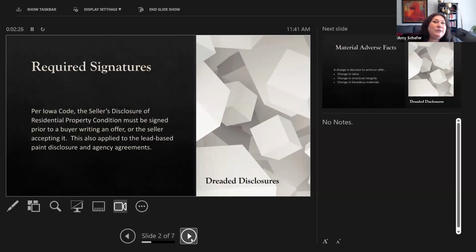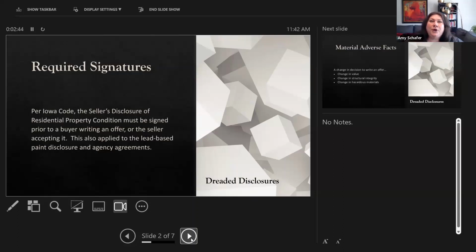Now, the Iowa Code does go on to say that if the disclosure is not made available, I believe the buyer has 3 days to rescind their offer if they see something on the disclosure that they don't like. Here's the challenge with that.